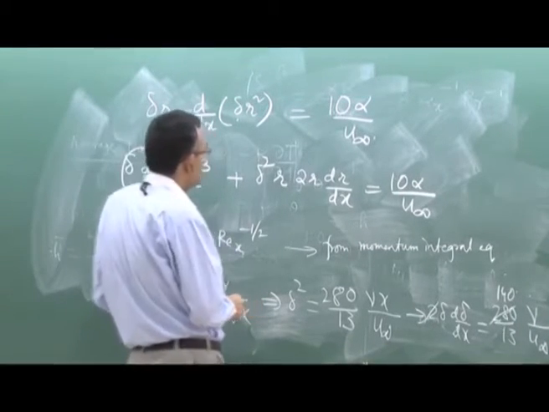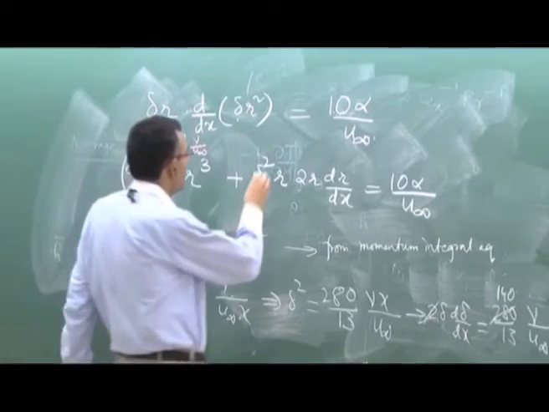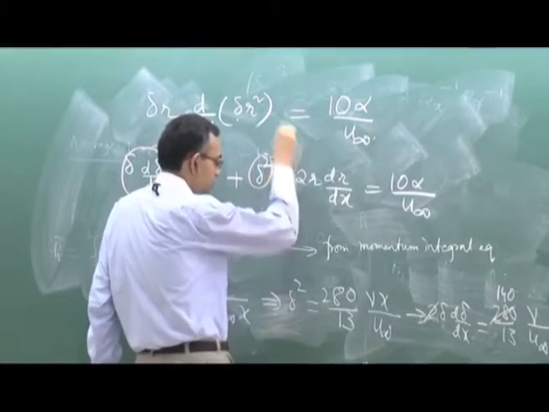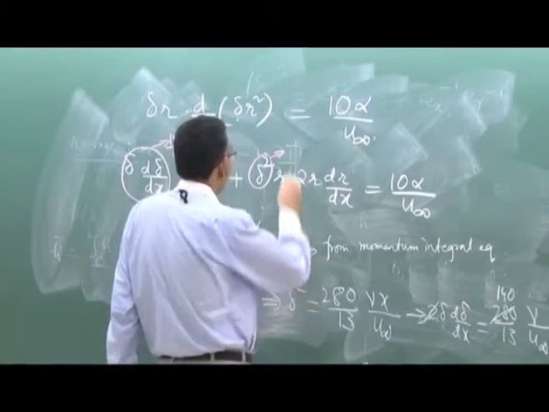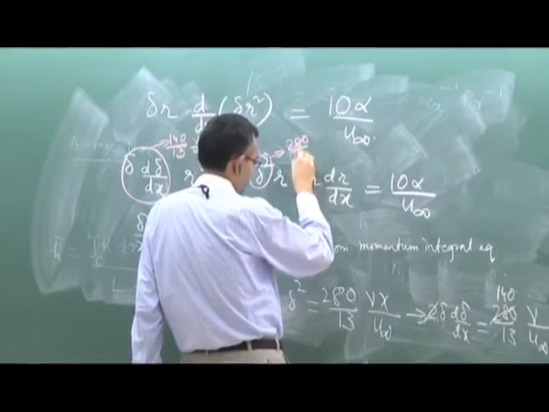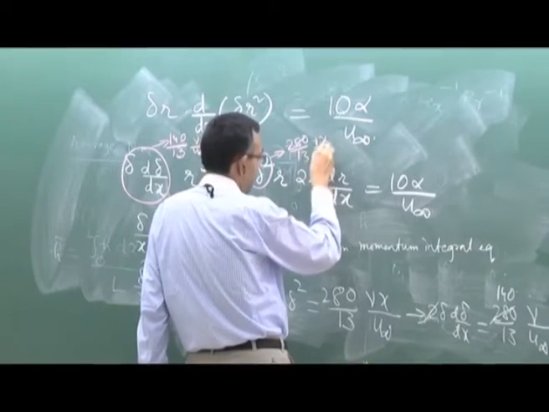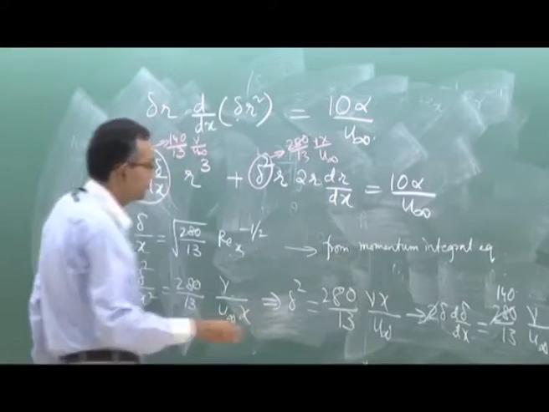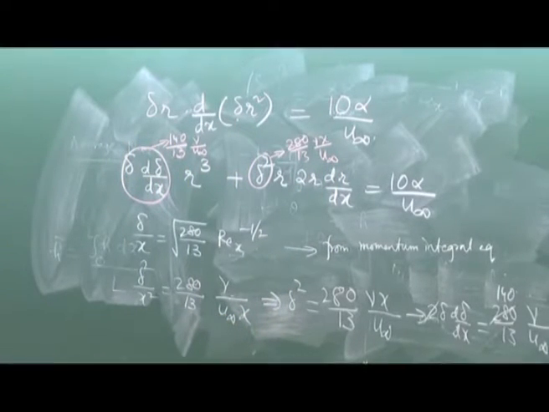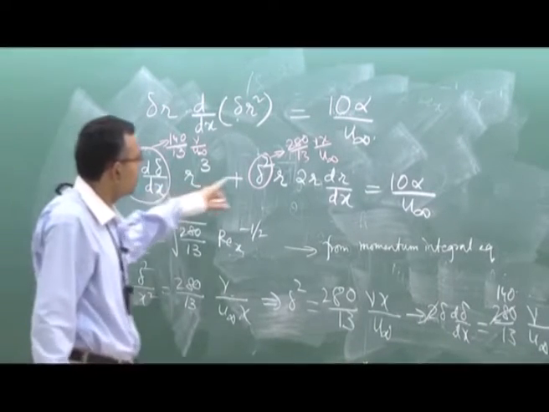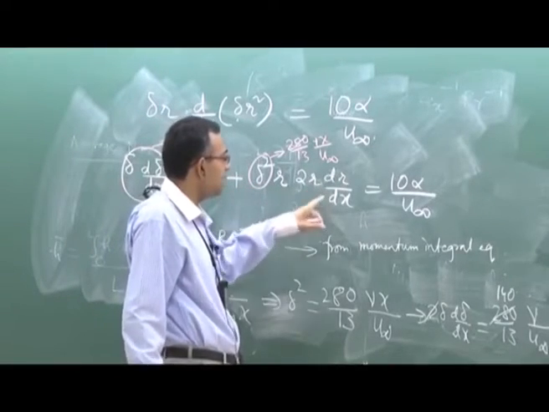Then this term delta square, in place of delta square we will write 280 by 13 nu x by u infinity. So here there is one r cube, here you have r squared dr dx.